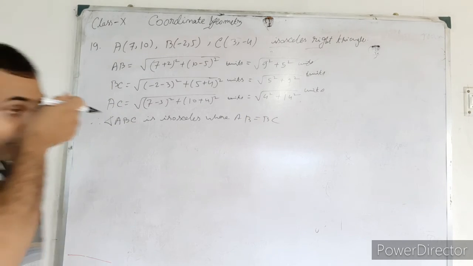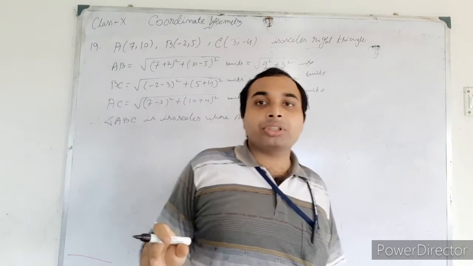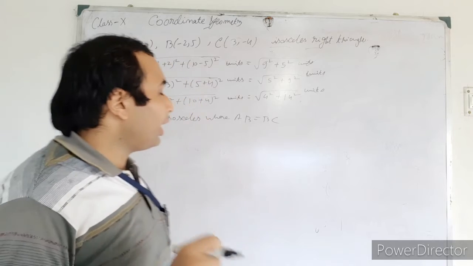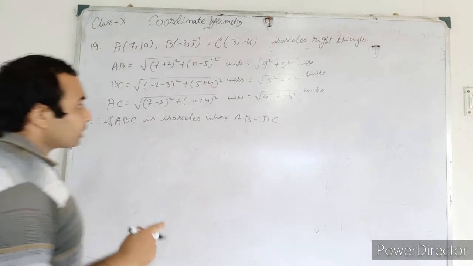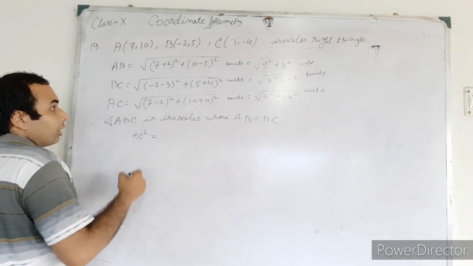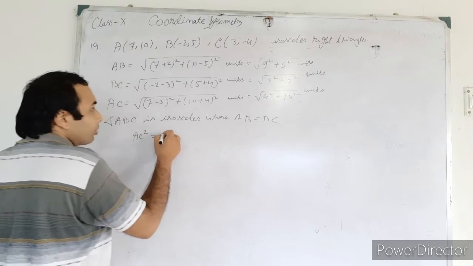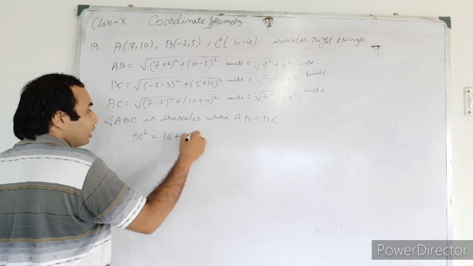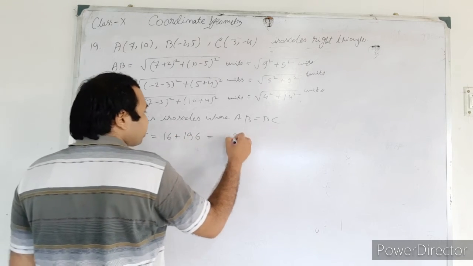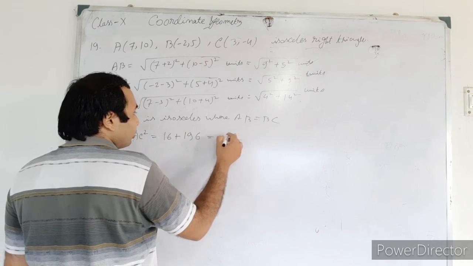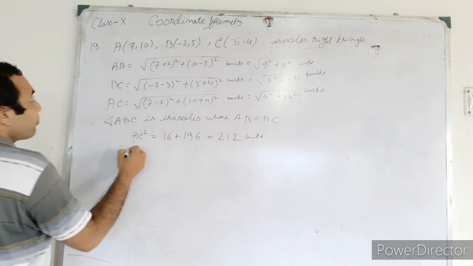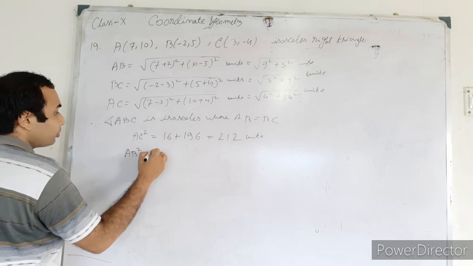Now right triangle means the hypotenuse square equals the sum of the squares of the other sides. That is the Pythagoras theorem. So let us see AC square, how much is it coming? 4 square plus 14 square, so it is 16 plus 196, and so it is coming 212 units. Let us see AB square plus BC square.